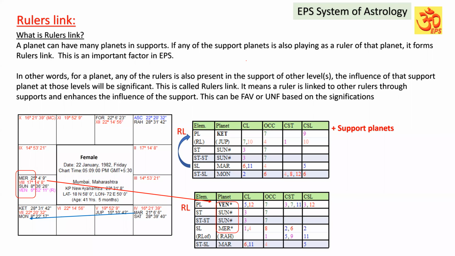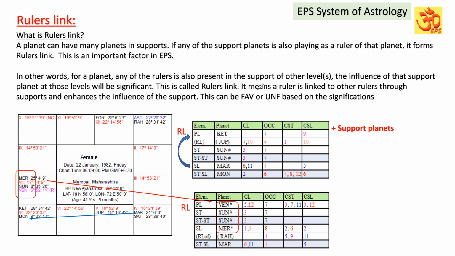What is ruler's link? As we are aware, a planet can have many planets in its supports by way of star lord, conjunction, aspect or indirect conjunction. So a planet can have many planets in its supports.